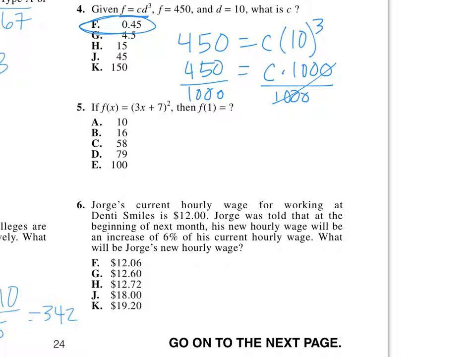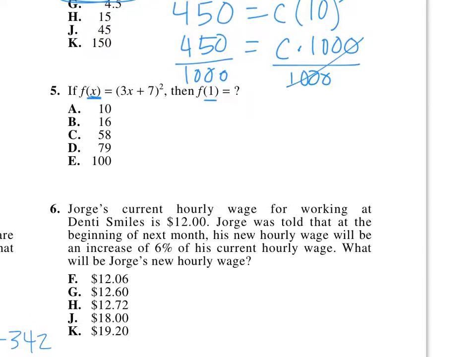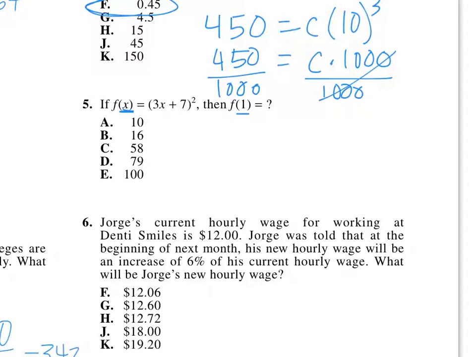Question 5. If f of x is 3x plus 7 squared, then f of 1 equals what? So this 1 is right where the x was. So I'm just going to put a 1 wherever there's an x in my equation. So 3 times 1 plus 7, and then the whole thing squared.